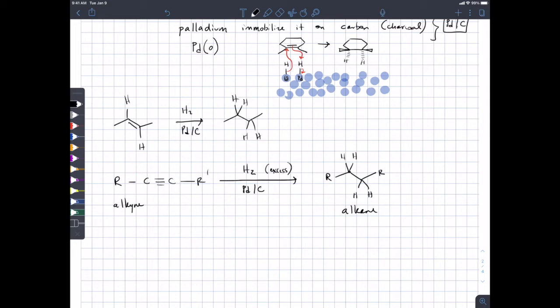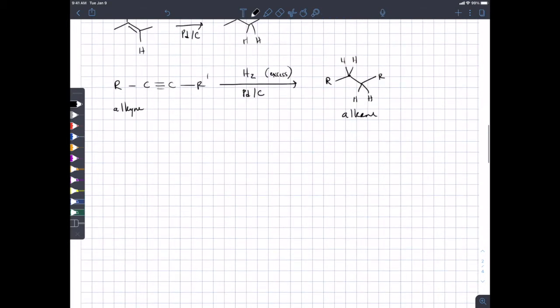Right? So now, kind of like we did with PCC, where we were saying, what if you want to stop at the aldehyde versus going to the carboxylic acid? Similarly, we're going to ask with the alkyne, what if you wanted to stop at the alkene instead of going all the way down to the alkane? And there are a couple of ways that we can do this, and they have different stereochemical consequences, and that's important to keep track of.